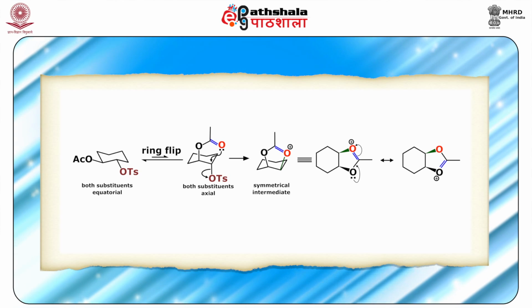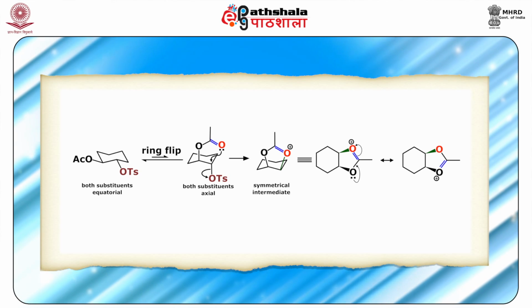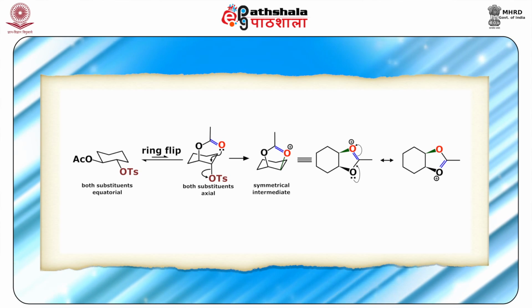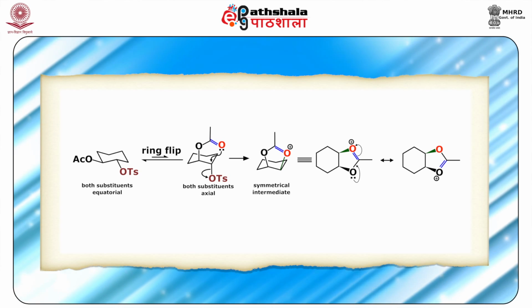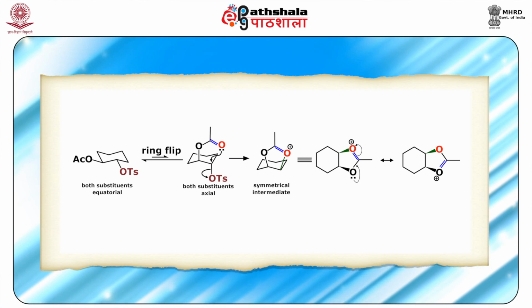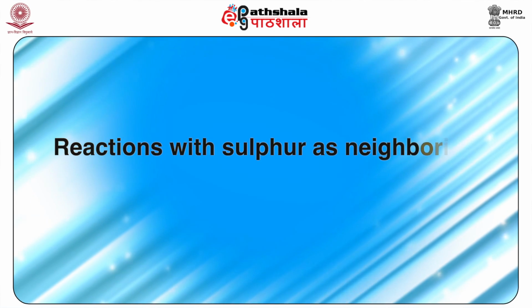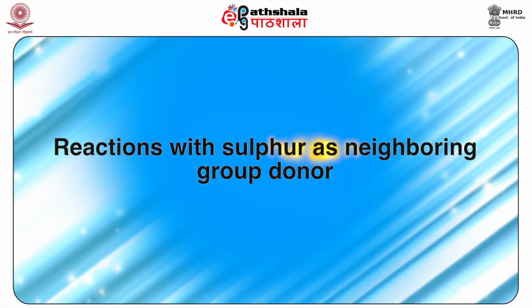Therefore, just one SN2 step leads to overall inversion of configuration and is a considerably slower reaction as compared to the first one.